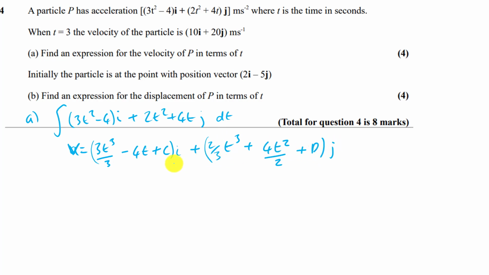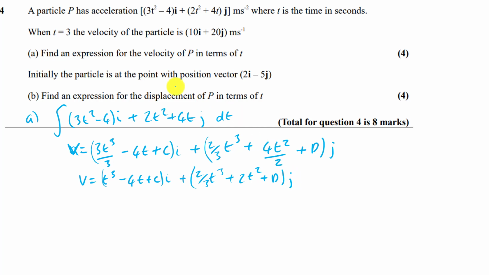Right, now if I just simplify that, that's just v equals t cubed minus 4t plus c i, plus 2 over 3 t cubed plus 2t squared plus d j.